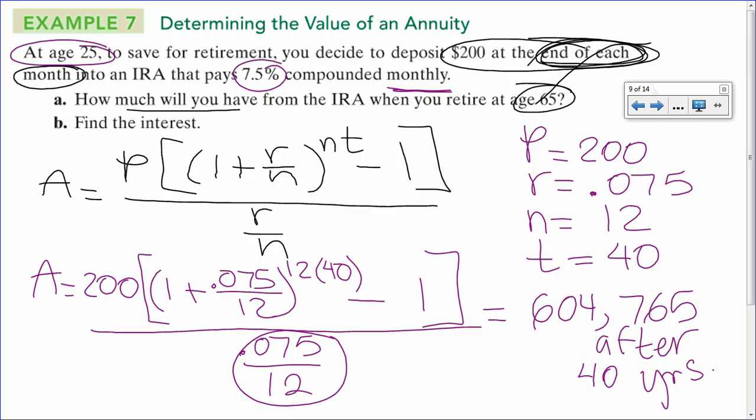But if you have at least a bachelor's or a master's, or even if you are doing your residency as a med student, you could totally afford $200 out of your paycheck each month. And by the time you are 65, you will have this much to, like, go to Europe or something. That's what I would do.